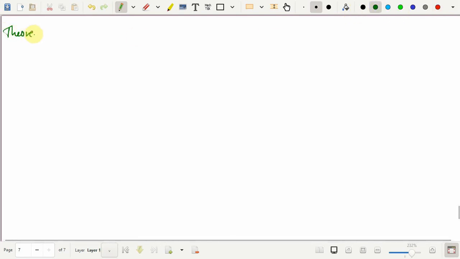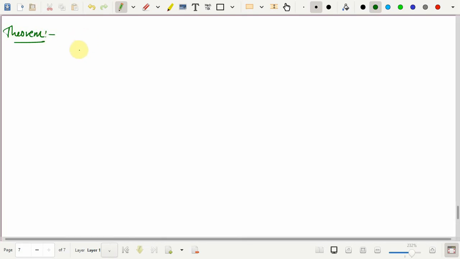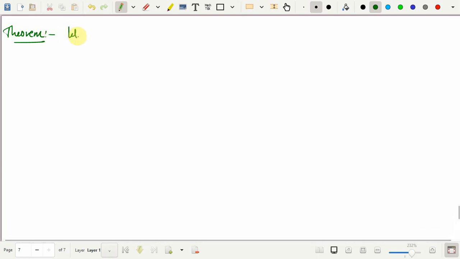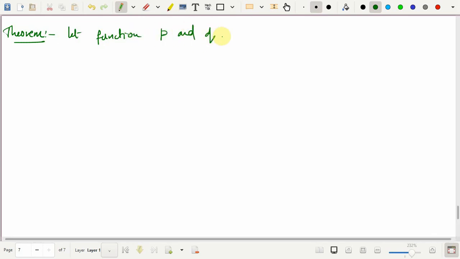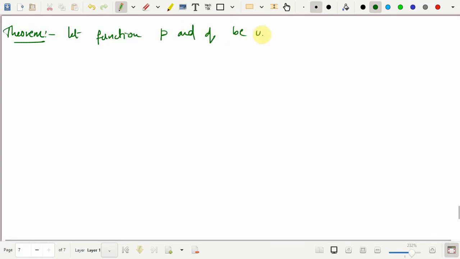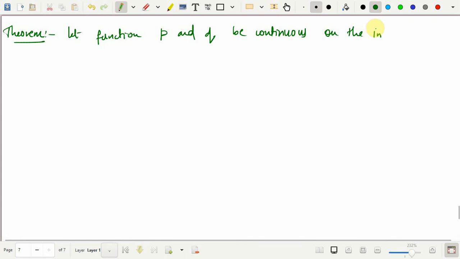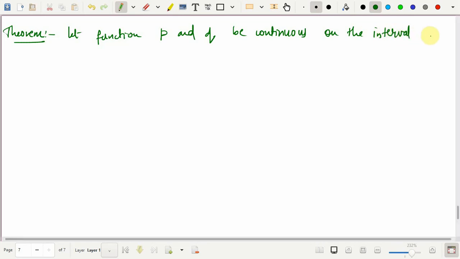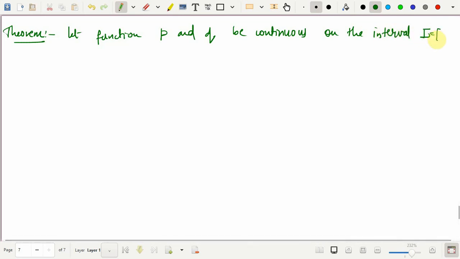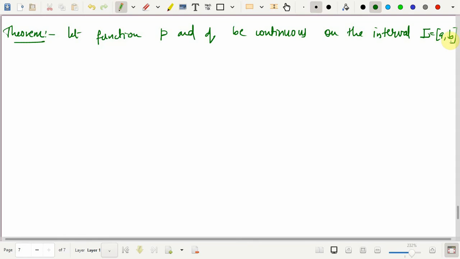The statement of this theorem is: Theorem. Let functions p and q be continuous on the interval I, say closed interval a comma b.